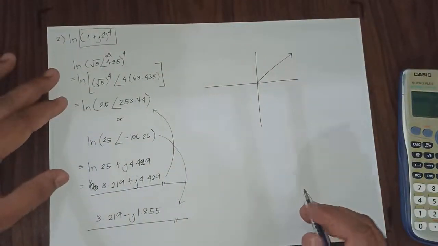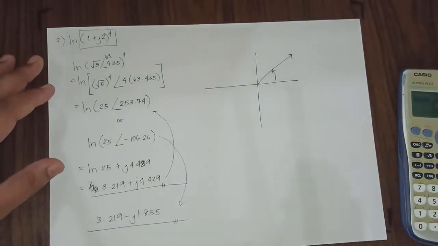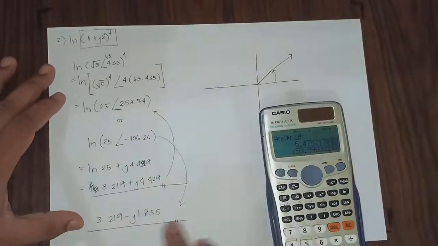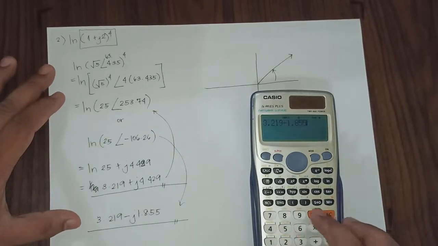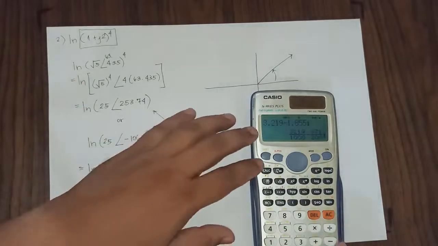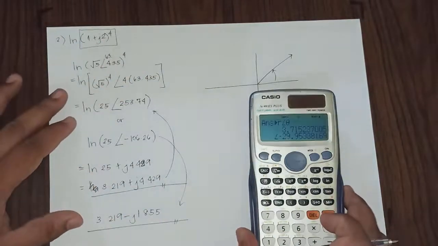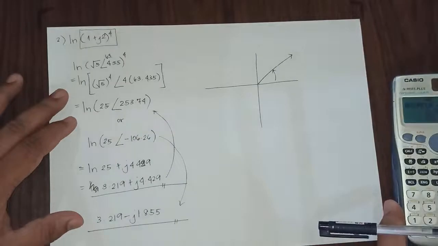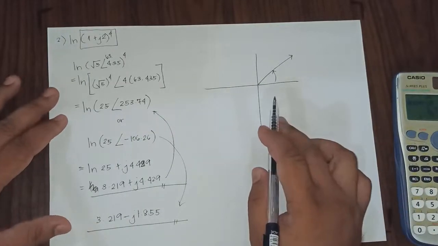So, ito yung kanyang value. Okay? Kapag ito naman ang ginamit ninyo, no? For example, 3.219 minus j1.855. Okay? Yan. That is just negative 29. Okay, dito naman yan banda.